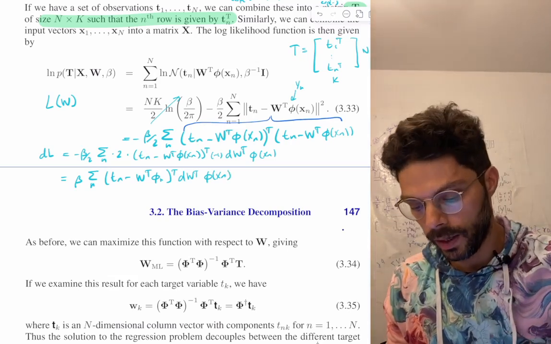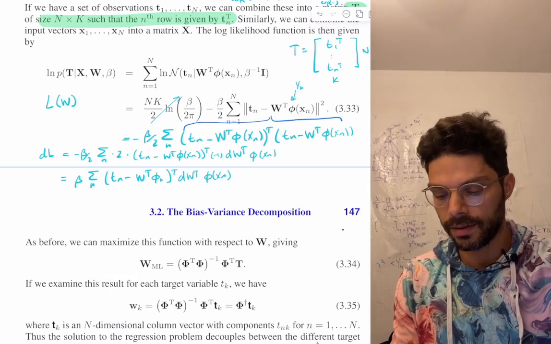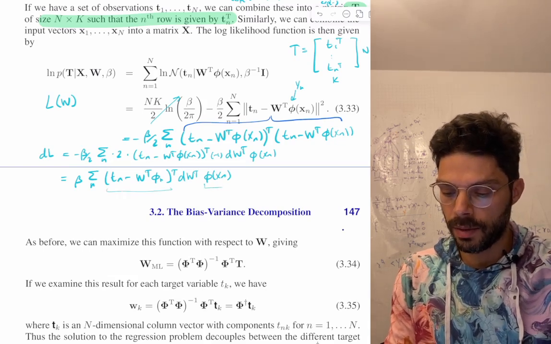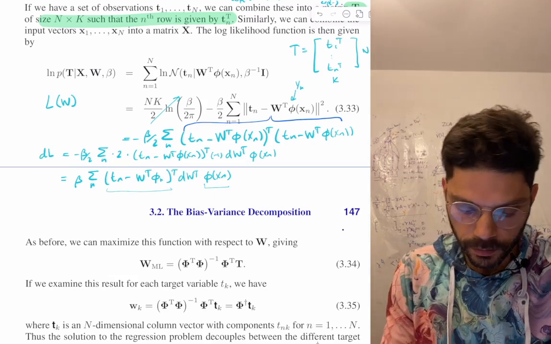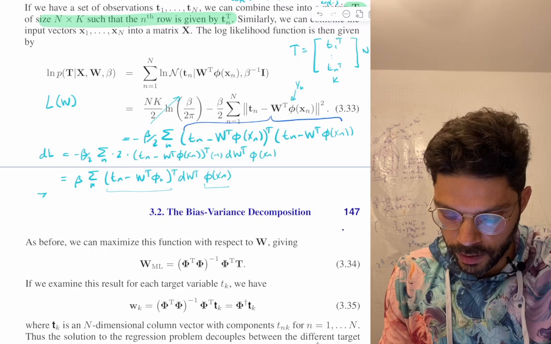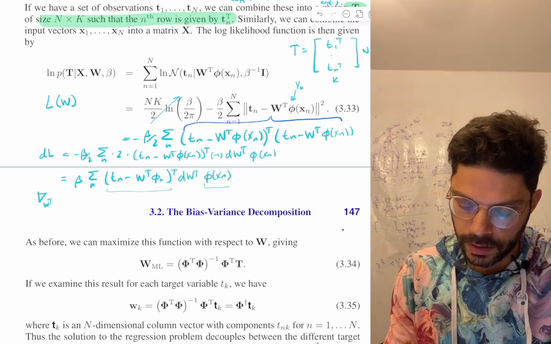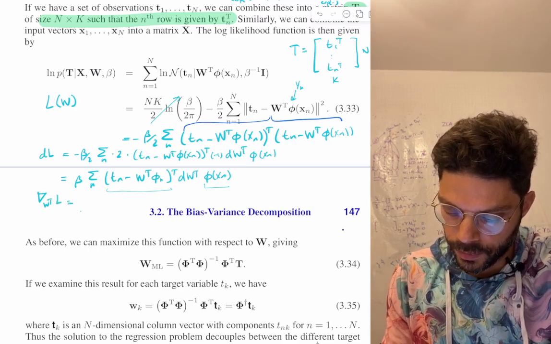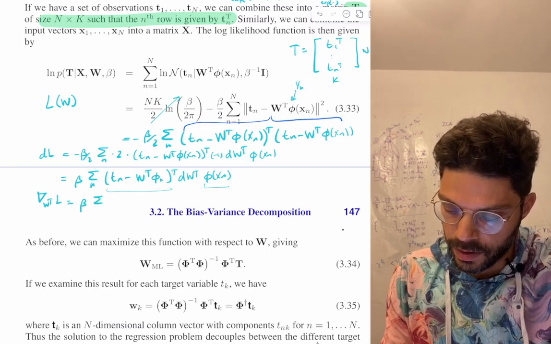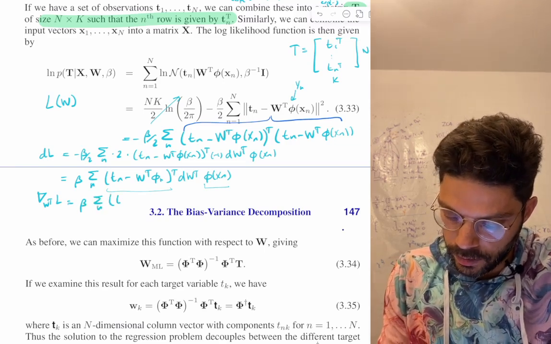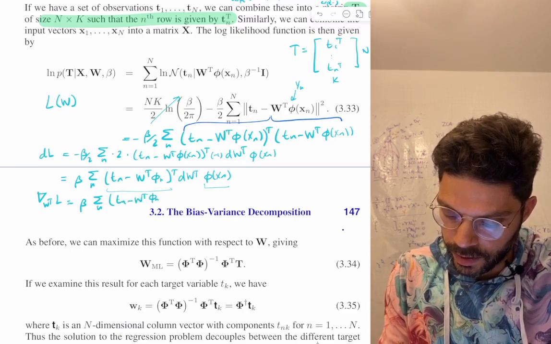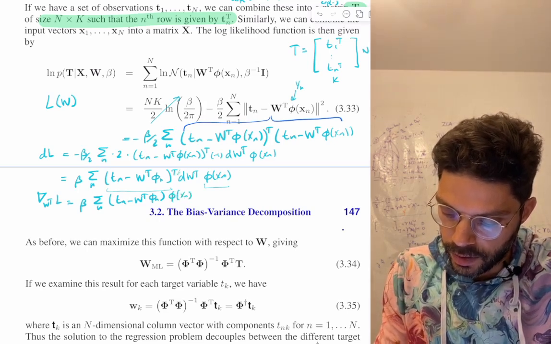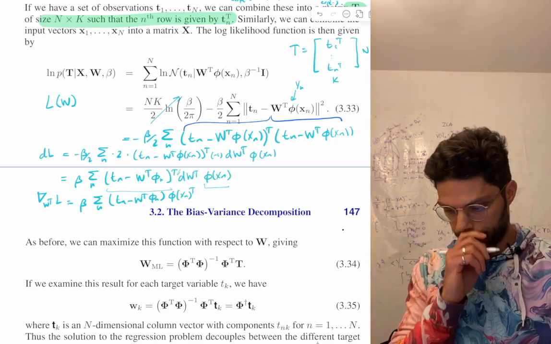And now you might remember that the way it works with matrices is that you essentially get this transpose times that transposed. So the gradient with respect to W^T is going to be beta times the sum on n of (t_n minus W^T phi_n), no transpose because of the transpose here, so we got rid of that, times phi(x_n) transpose. Okay?